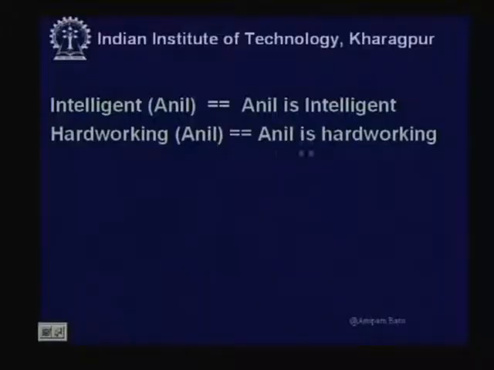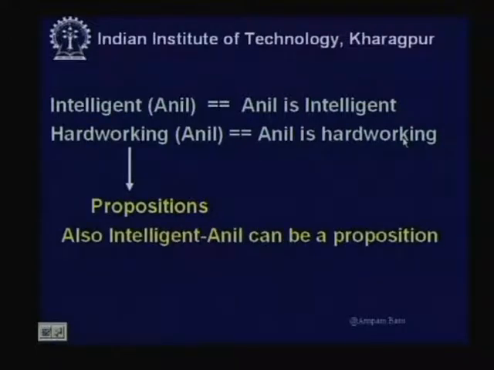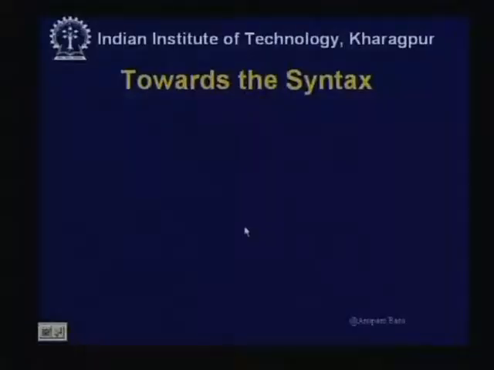Hardworking Anil, again similarly, means Anil is hardworking. So, again these are propositions. Propositions can be written either in this way or as intelligent Anil, in that way I could have also written, provided the syntax of the language had allowed it. A proposition can be true or false, as has just now been told.